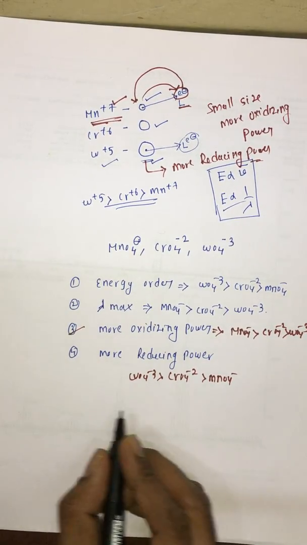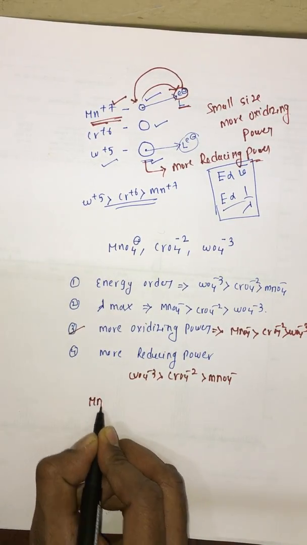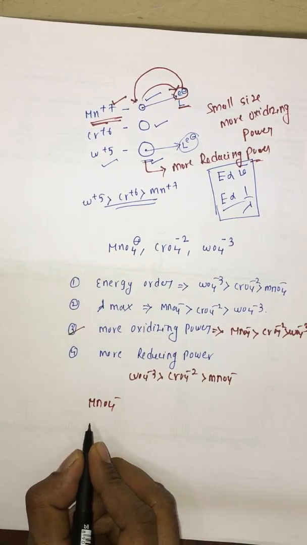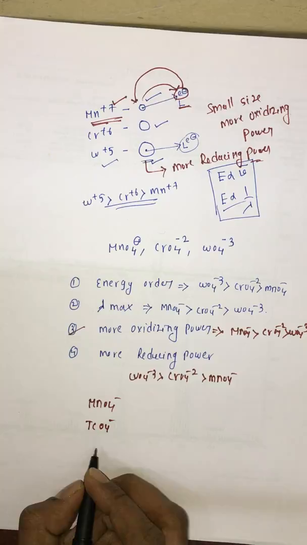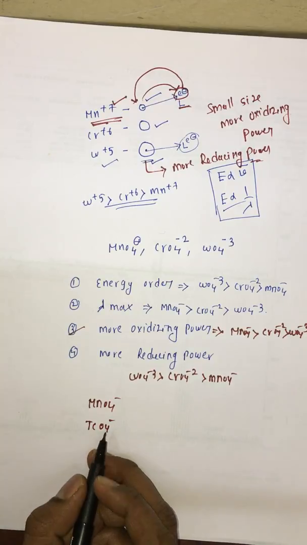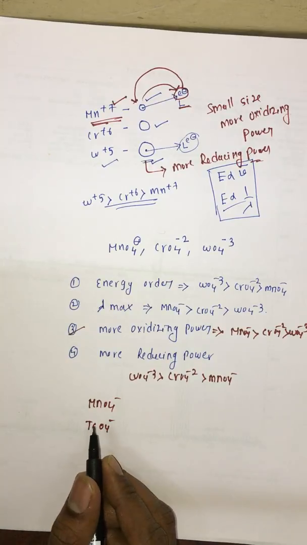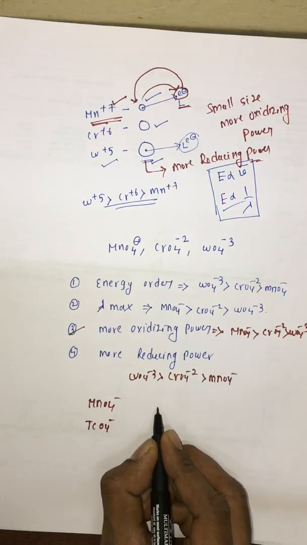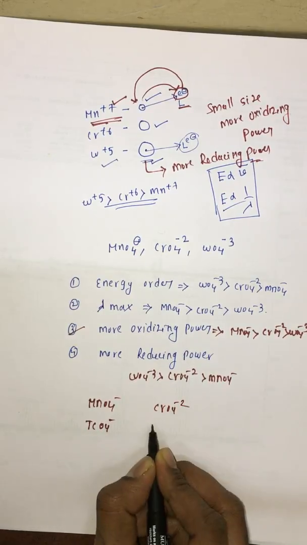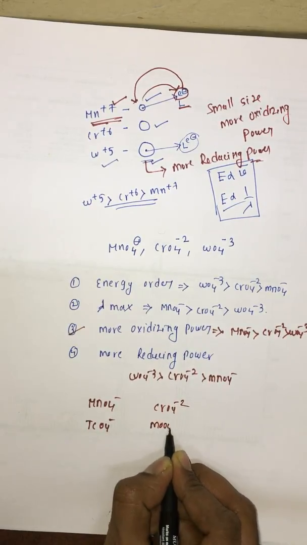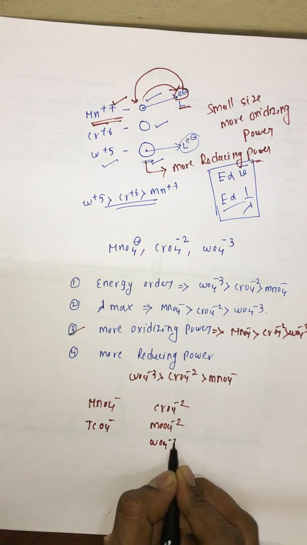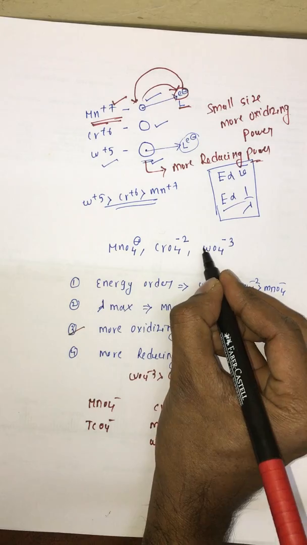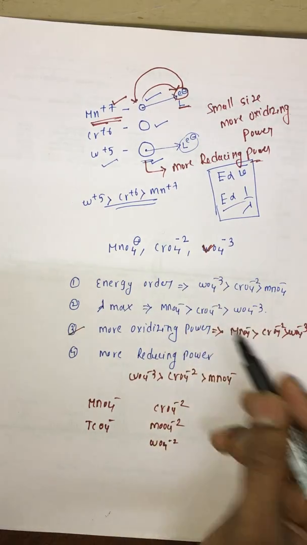And we see manganese, technetium, rhenium in the periodic table, and chromium, molybdenum, tungsten. Sorry, this is vanadium, V, I made a mistake.